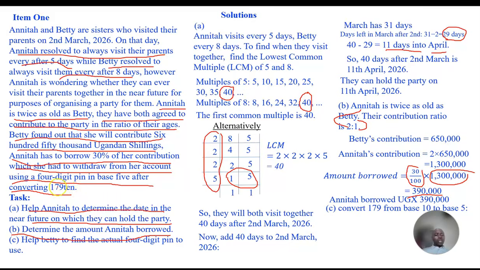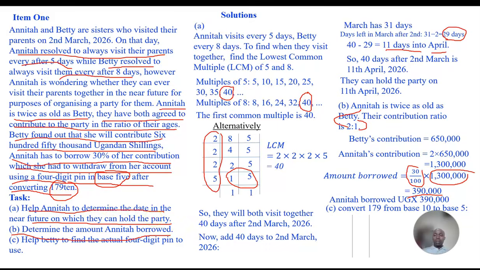So basically, to get this PIN, we convert this one to base 5, and automatically we shall be able to get the answer. The value of this one in base 5 makes the PIN.